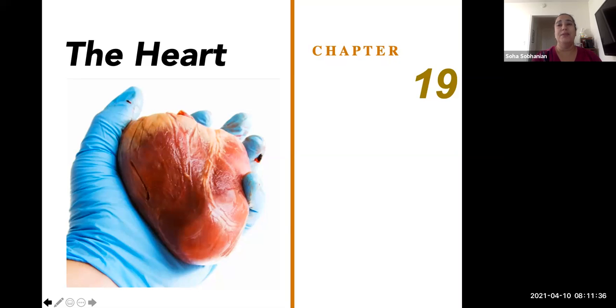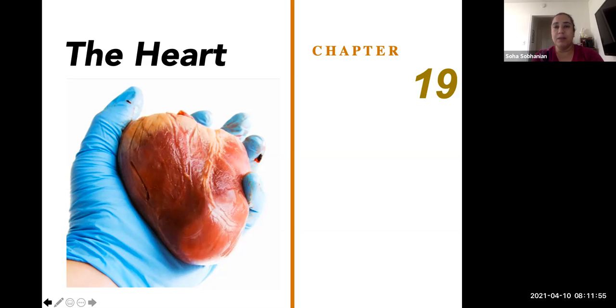And veins are the ones returning blood back toward the heart. So I told you A for away, and V for returning back to the heart. That's an easy way of remembering the order.